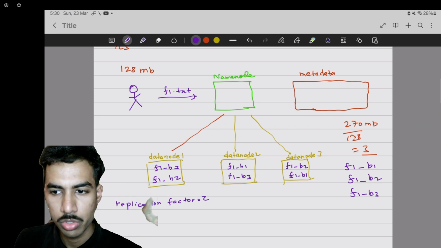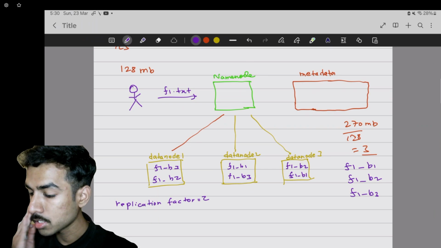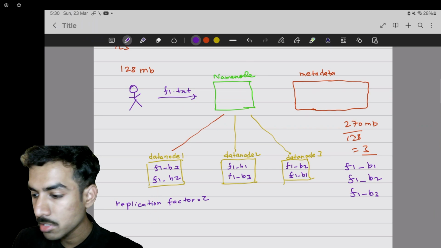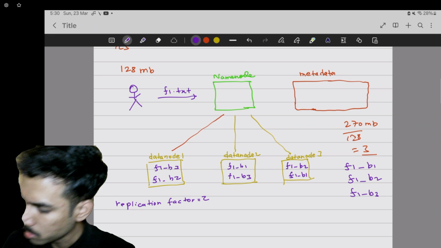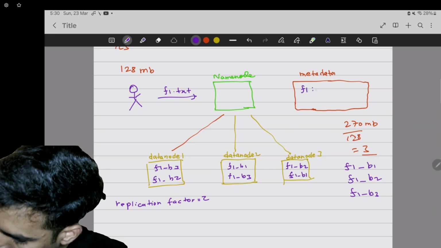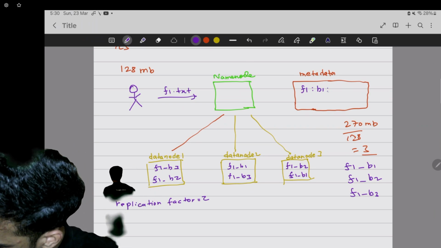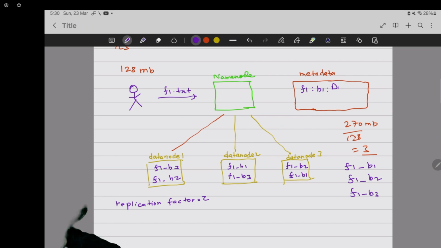So what happens here? Listen carefully. Metadata would be created. I'm just giving a little recap of the previous session, what we covered. So the metadata would be like, for file f1, my b1 block is stored in d2 and d3.